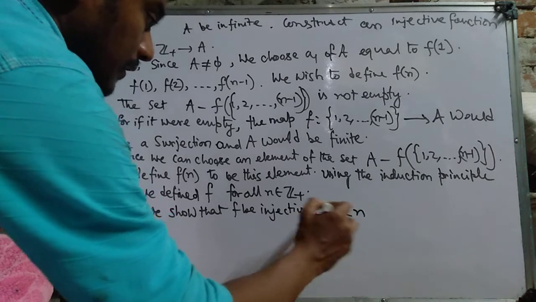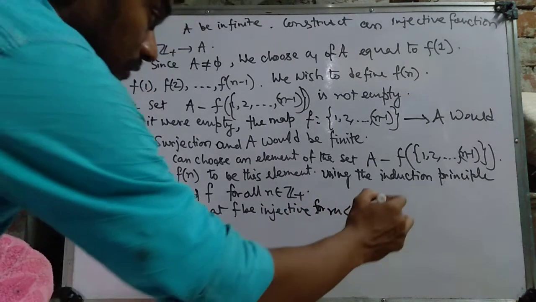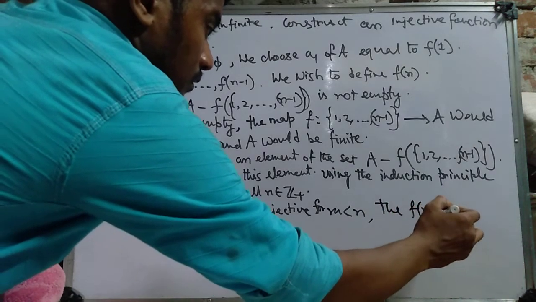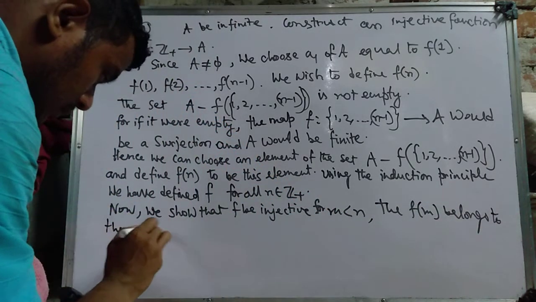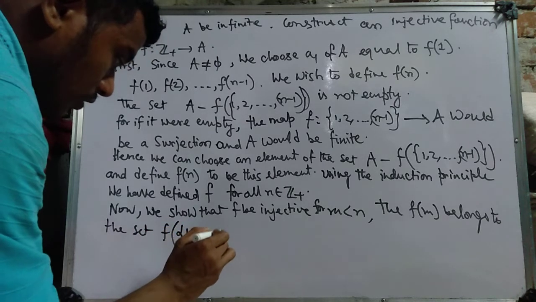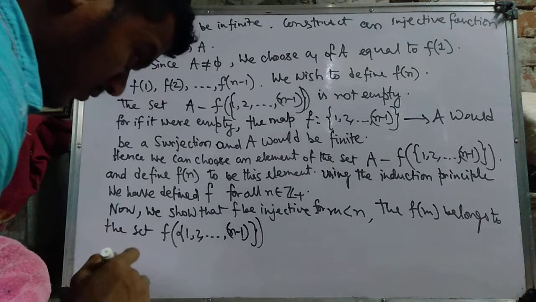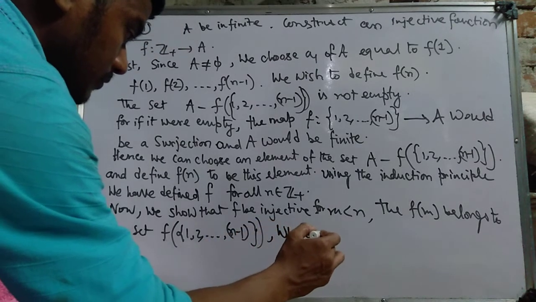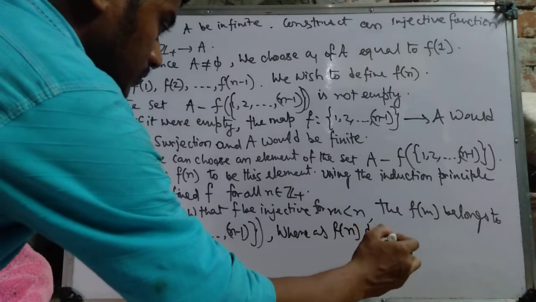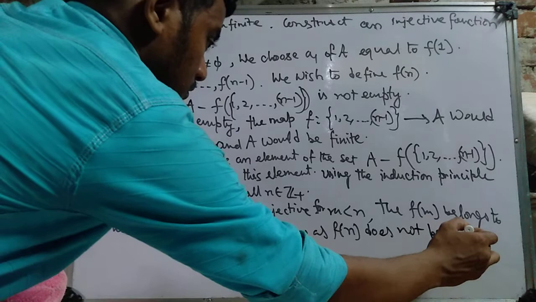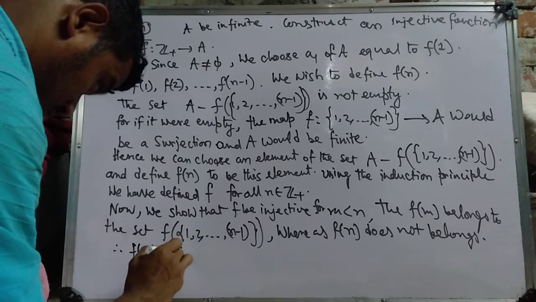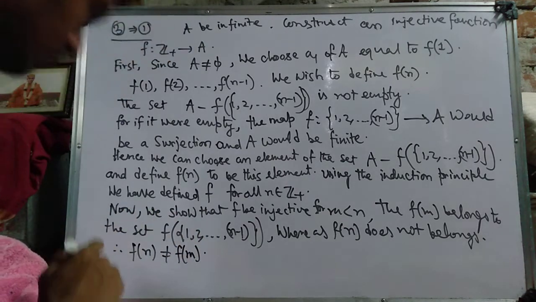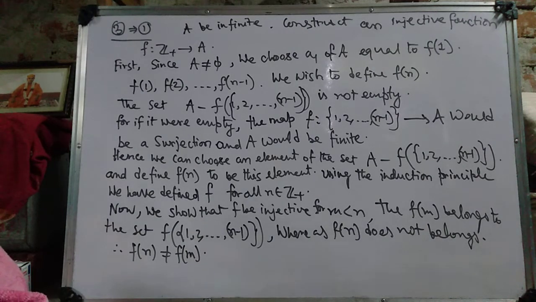For m less than n, f(m) belongs to the set f({1, 2, ..., n minus 1}), whereas f(n) does not. Therefore f(n) is not equal to f(m).